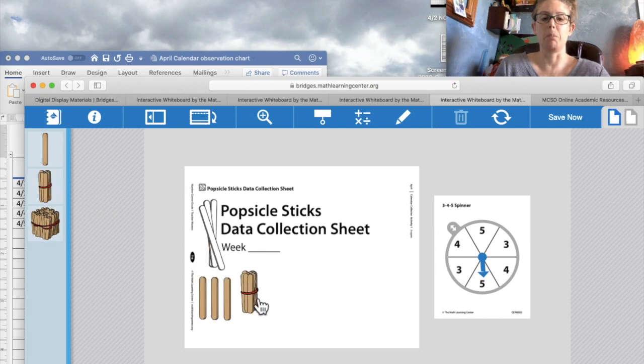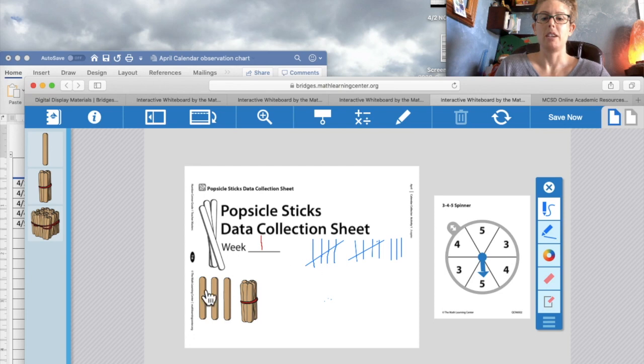And we'll put our bundle of 10 here. We're knowing that 10 and 3 more is 13. I'm going to also go ahead and circle there so we know that this is also that group of 10. We need to record that on week 1, we had a total of 13 popsicle sticks that we collected.